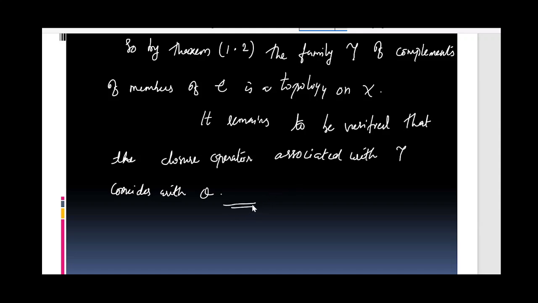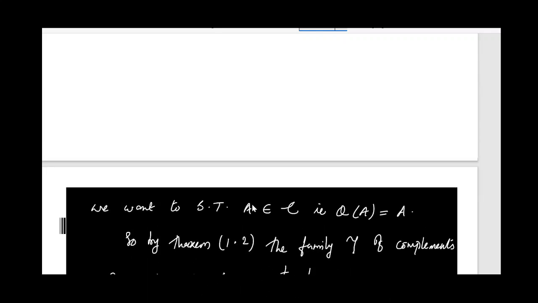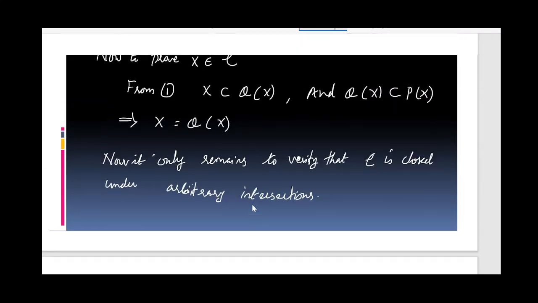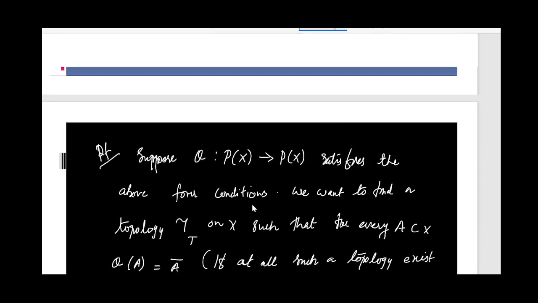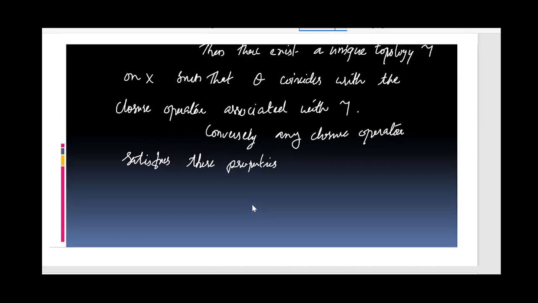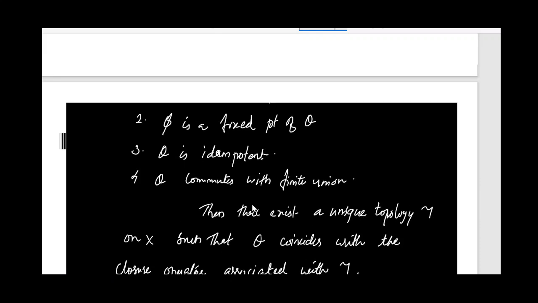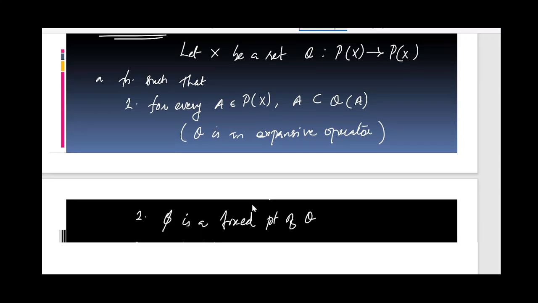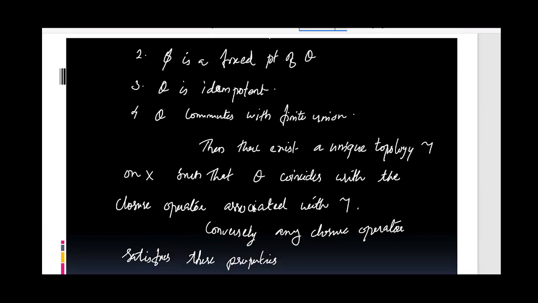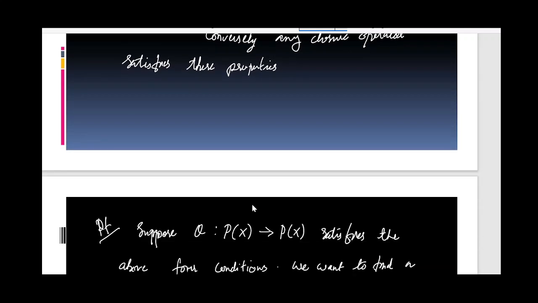So today what we have done is, first of all, we have defined what is an operator, then a closure operator, then a property of closure, and then we have a theorem here. The theorem says if theta is an expansive operator, then theta will satisfy four conditions.